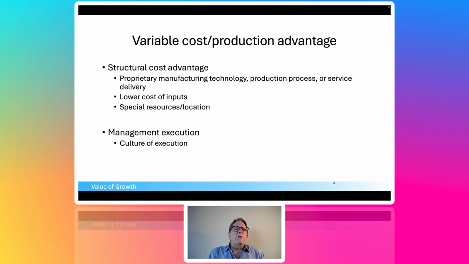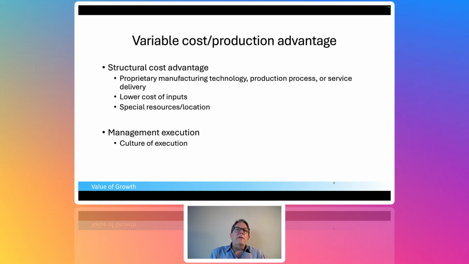It also could be the result of a lower cost of inputs. They just have lower costs going into their production process or their service process, and that gives them an advantage. Or they have access to some special resources or location. Those are the three primary forces or advantages that a company can have that could lead to structural cost advantages.